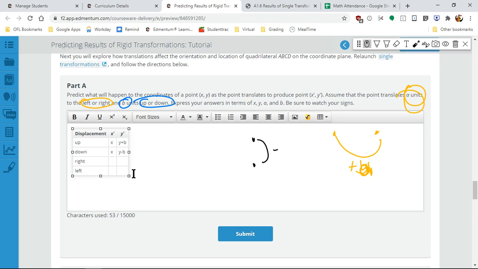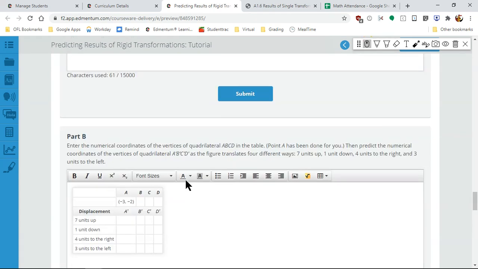So this ends up being x plus a. Our y stays the same. We're not doing anything to it. We're going to the left. We're subtracting a from our coordinate. So here I'm going to write x minus a. Y stays the same. That's all we're doing.